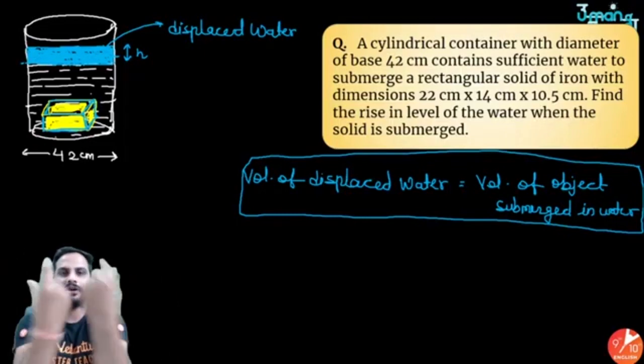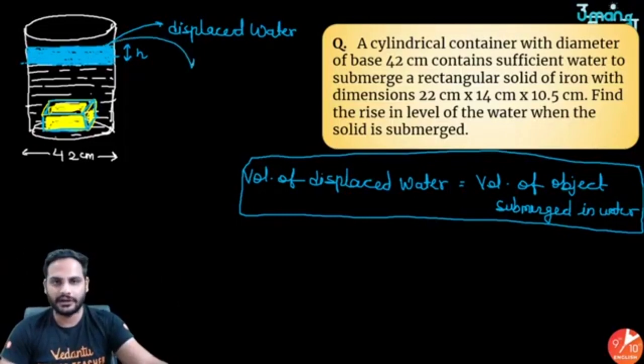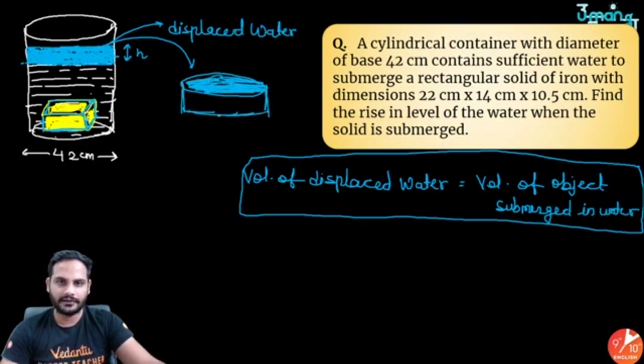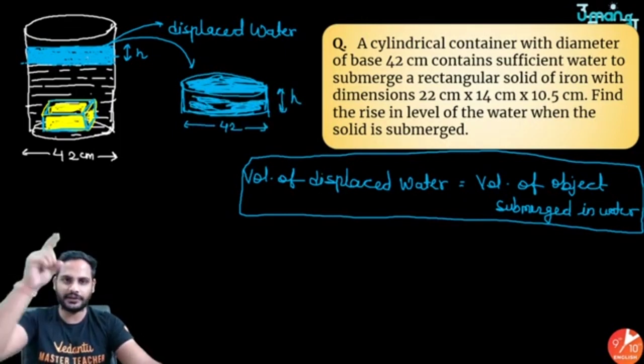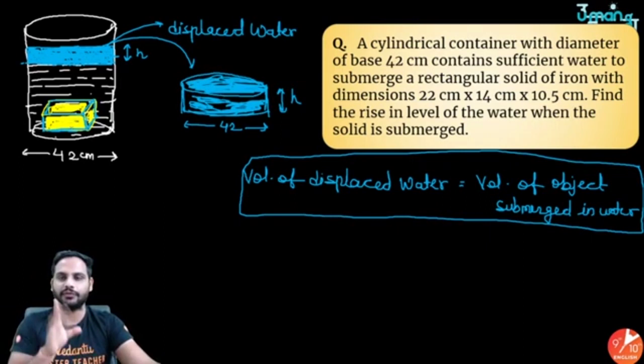It will look like this, a cylindrical block of water whose height is h and base diameter is 42 centimeter. So this is the volume of displaced water. Its volume is exactly equal to the volume of the cuboid.